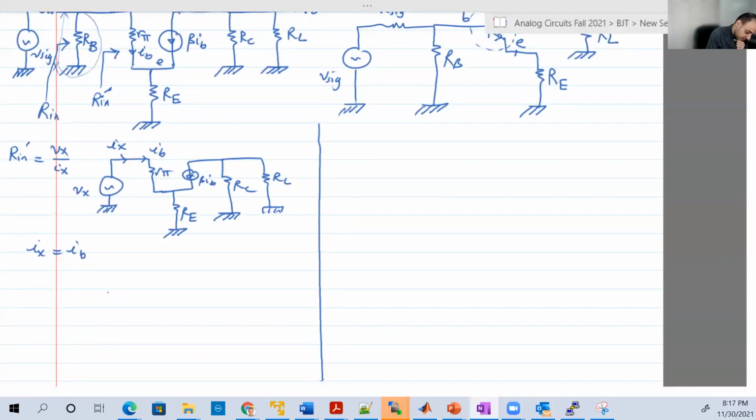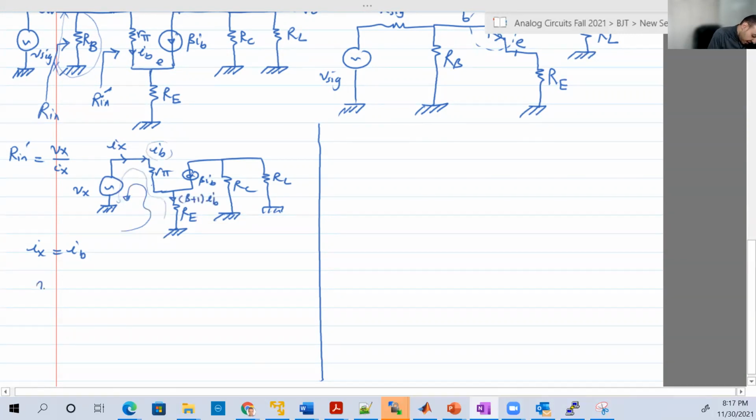So let's do that. VX is the voltage here in that loop from that point to that point. The current flowing in RB is IB. The current flowing here is IE small, which is the addition of IB and the beta IB, which is IE, you know. So that's basically beta plus 1 IB.